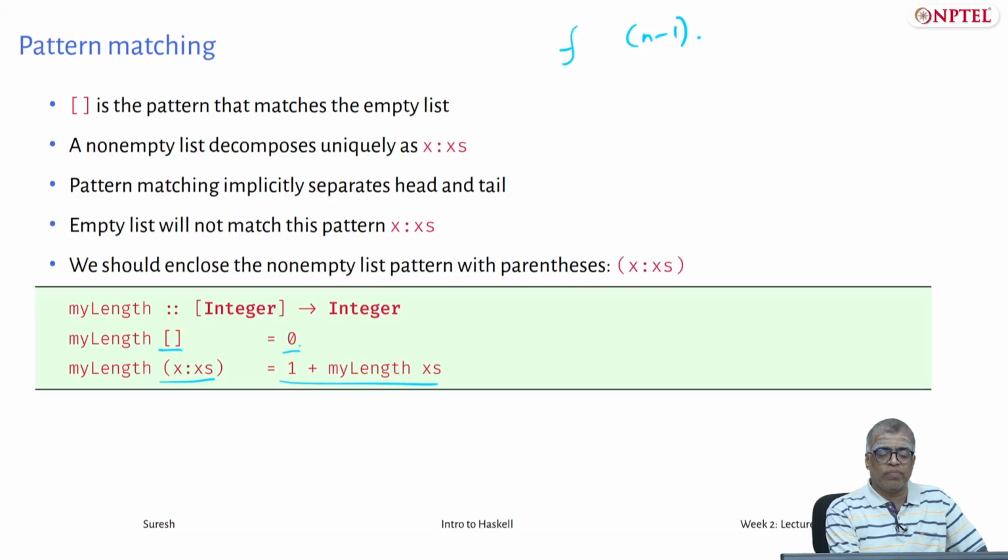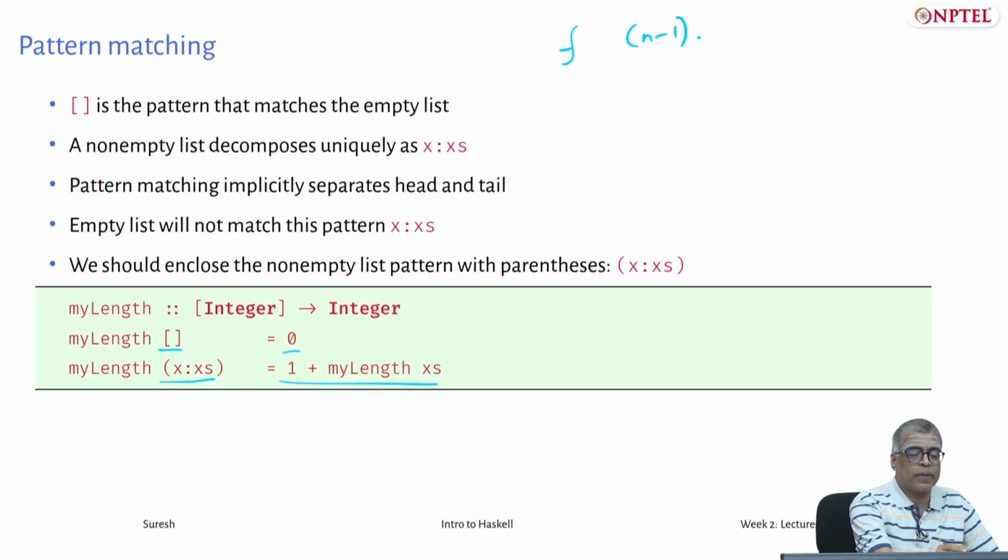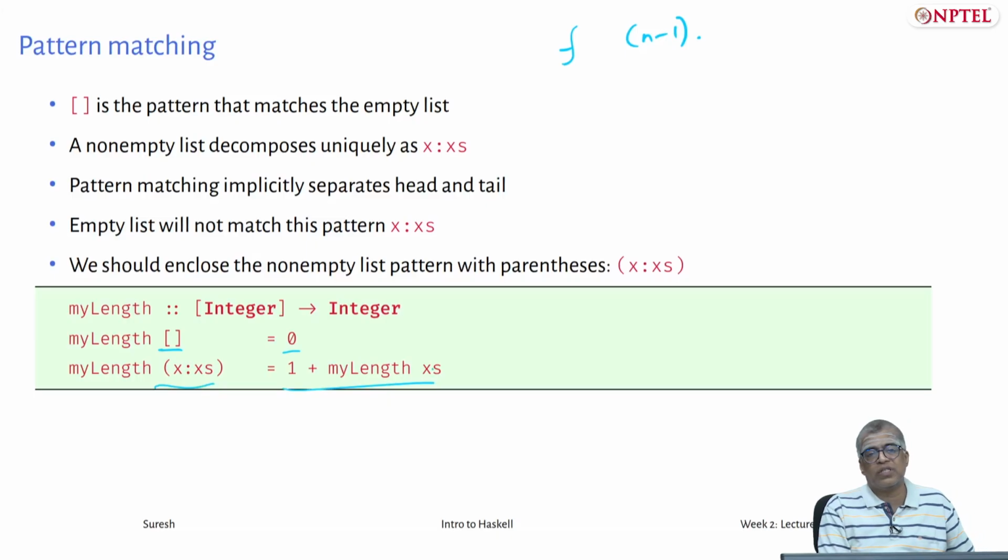Length of the empty list is 0, and length of the list x colon xs is 1 plus length of xs. So this is the basic pattern matching in Haskell, and this also illustrates how you do recursive definitions on lists. The definition of any function on the argument x colon xs is defined in terms of the same function on xs.